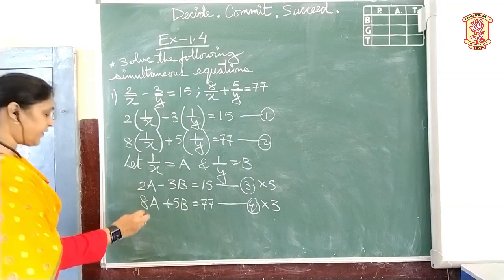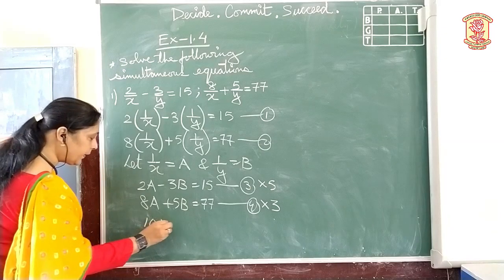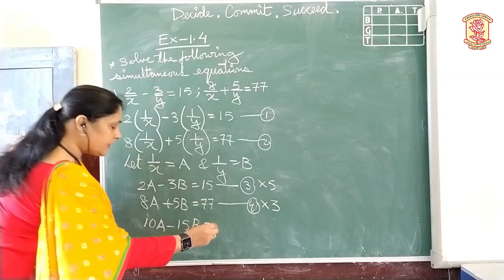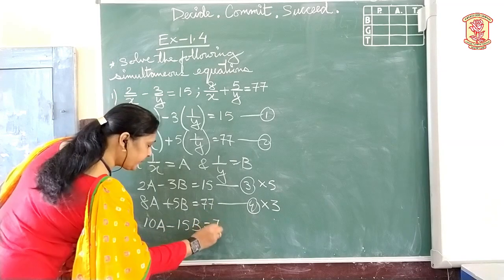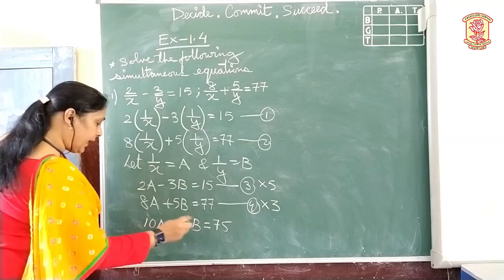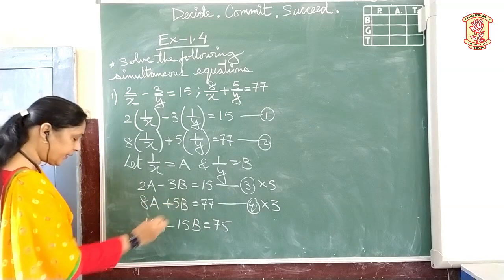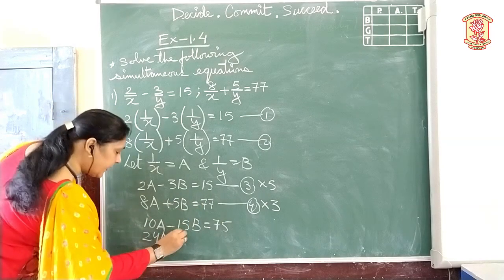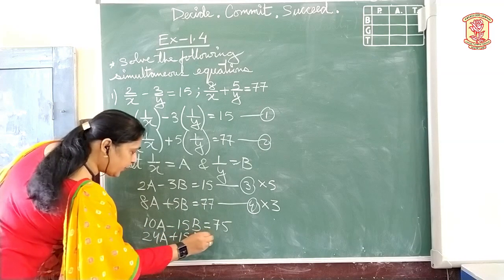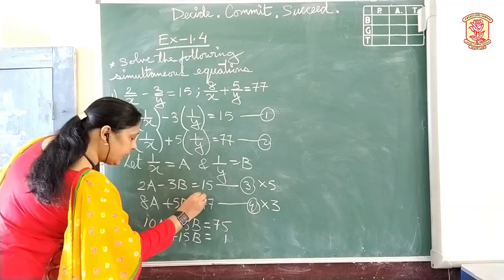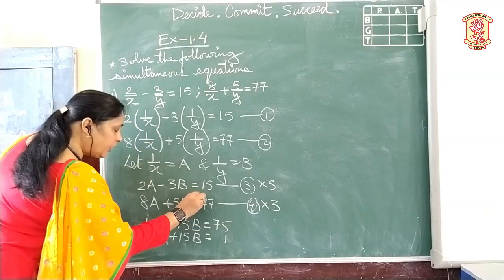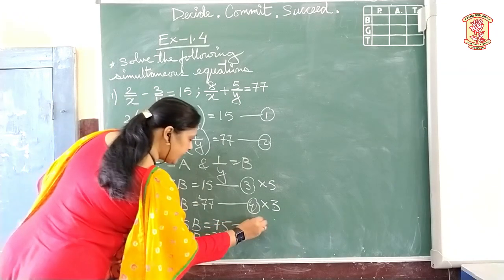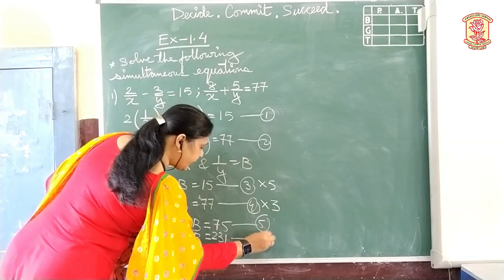So this becomes 5 2s are 10a minus 3 5s are 15b equals 75. And the next one becomes 8 3s are 24a plus 3 5s are 15b equals 3 7s are 21, 22, 23, so that is 231. We can number these as the fifth and the sixth.